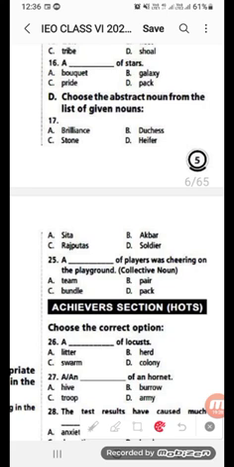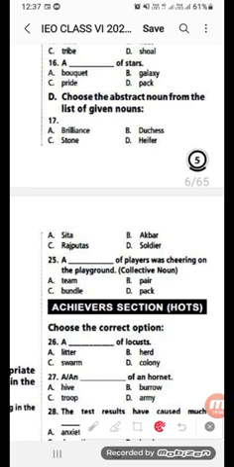So brilliance means genius, a person who is a genius. Duchess means a woman who has the same position as a duke. Duchess is the feminine gender of the word duke, or it has another meaning, that is, the wife of a duke.